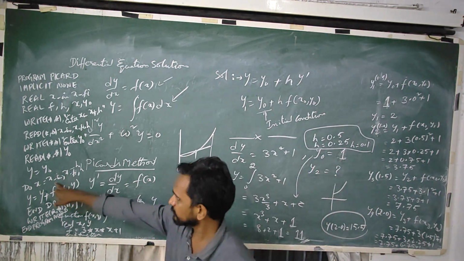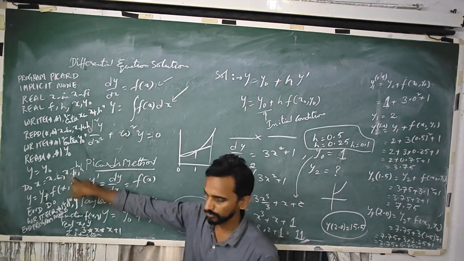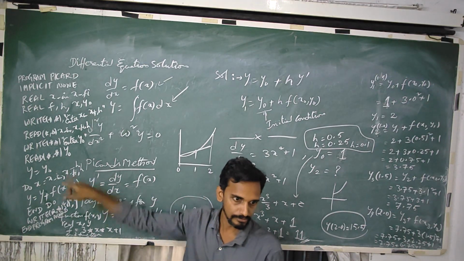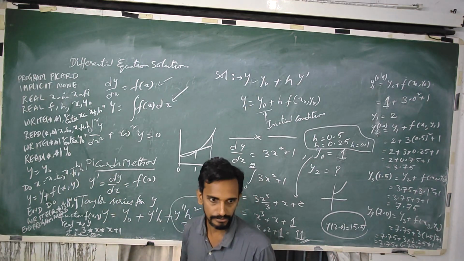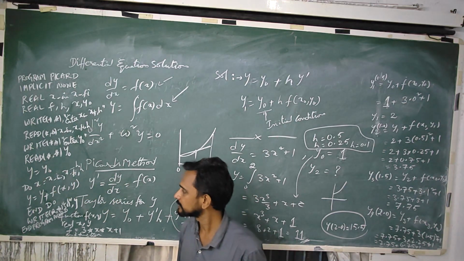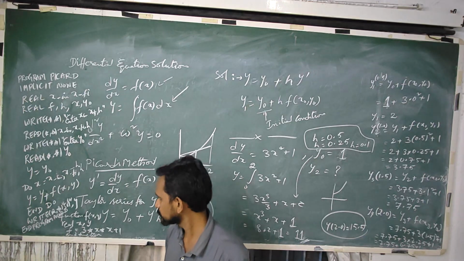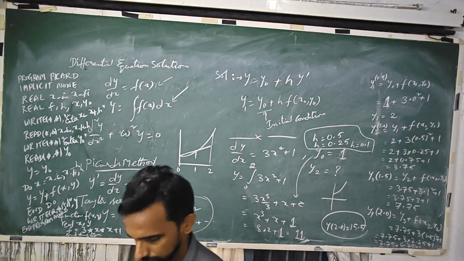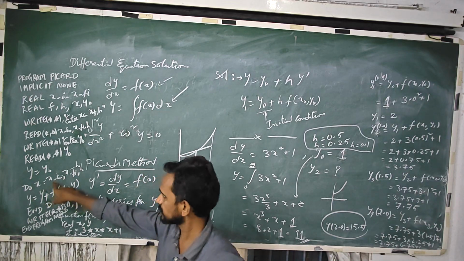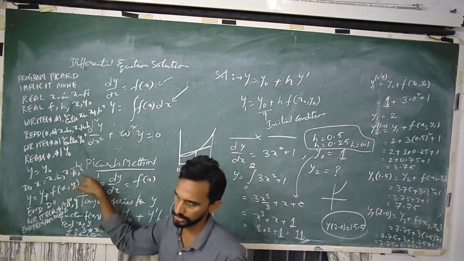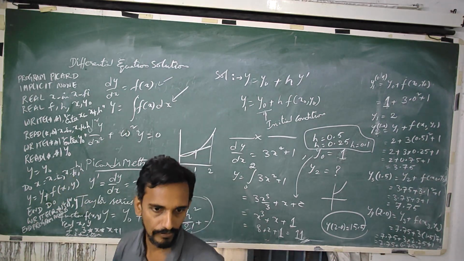So here also I have to start from 0 and go up to 1.5. X final value is 2, 2 minus h. So the do loop runs from x initial value to x final minus h with a step size of h.